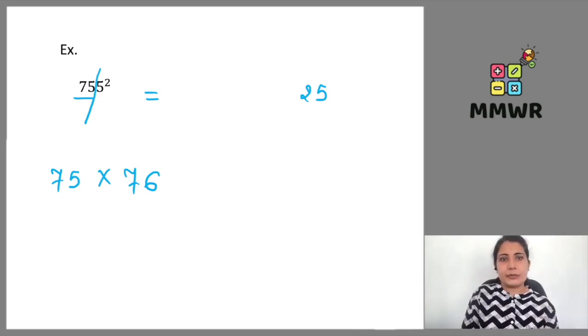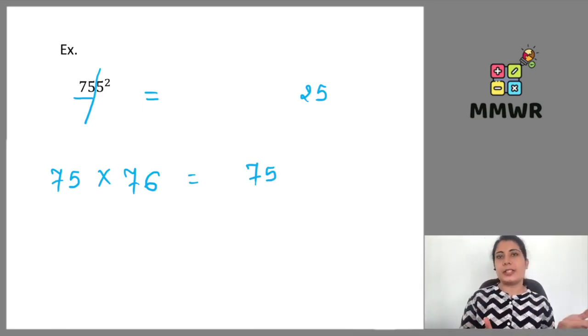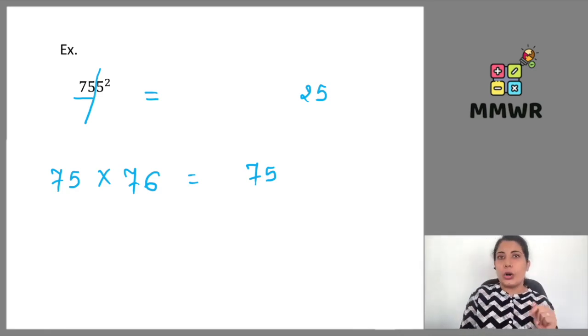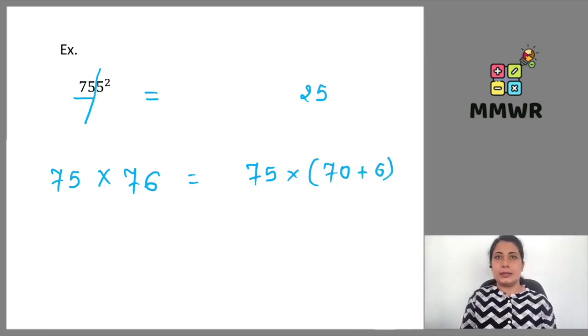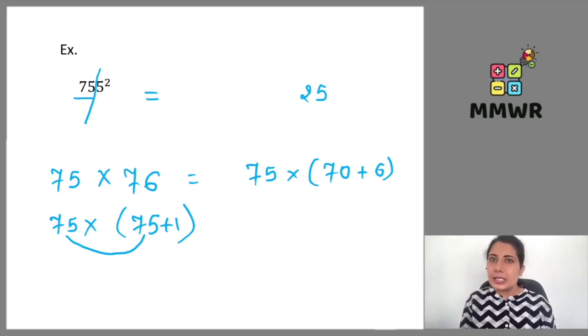Now there are two ways. First, either we can take the help of column method, 75 multiplied with 76, we'll be writing it that way. Or we can split this 76 by writing it this way, 70 plus 6. Or 75 multiplied by 76 can be written as 75 plus 1. Now 75 will be multiplied with the 75.